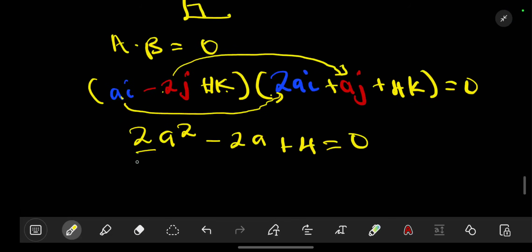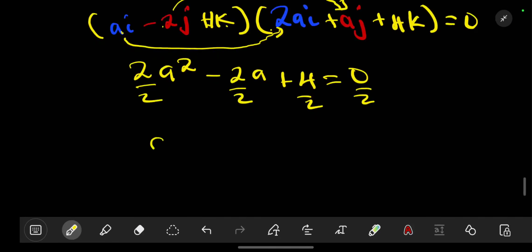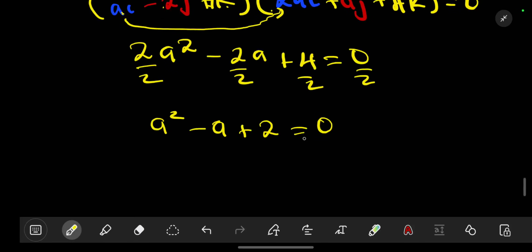If we have a common number, we can divide it throughout, so that we remain with a squared minus a plus 2 equal to 0. Then we can use either the quadratic formula, or we can just factorize if possible. So factorizing this, the product is equal to ac.